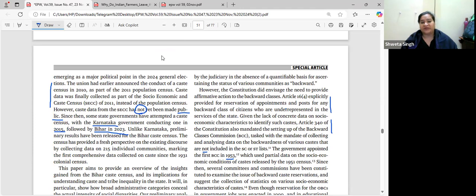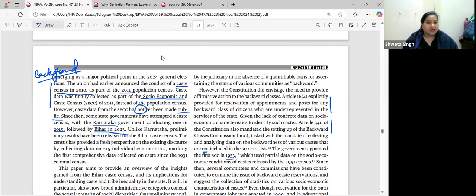Now, some very interesting facts come before us: the government had announced earlier that it will go ahead with a caste census. So this comes under the topic of background. Under the background, there are some interesting facts that we identify. The union had announced the conduction of a caste-based census in 2010 and 2011, the population census.